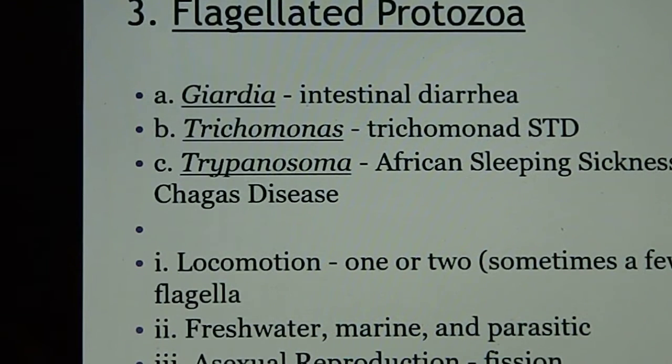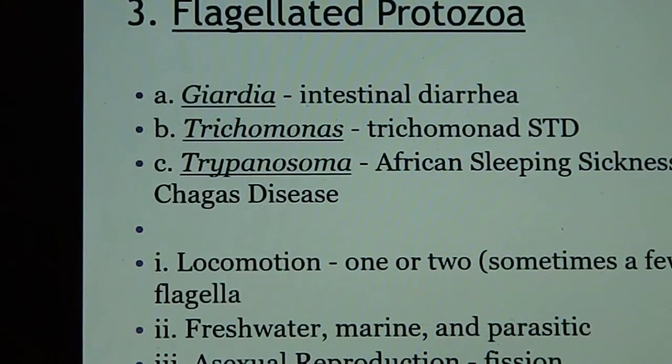African sleeping sickness, of course, would be from the continent of Africa, and the trypanosome lives in the salivary glands of this little fly called a tsetse fly. The tsetse fly then bites another mammal or a human and injects the trypanosome into the bloodstream.